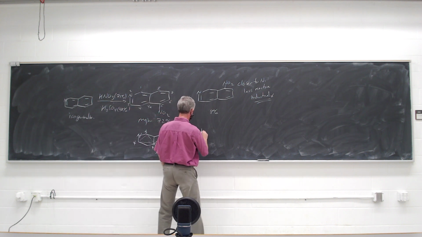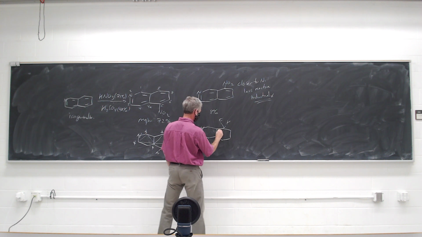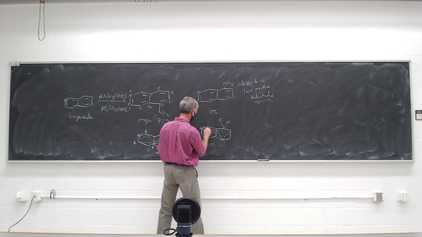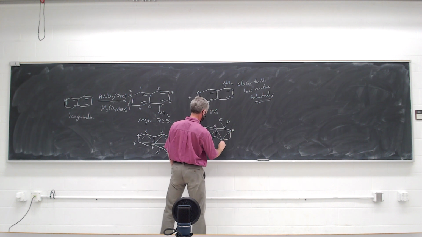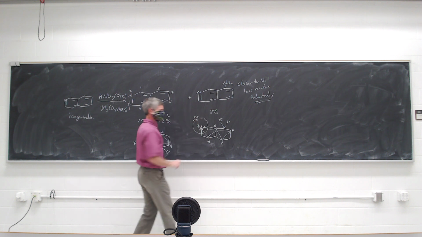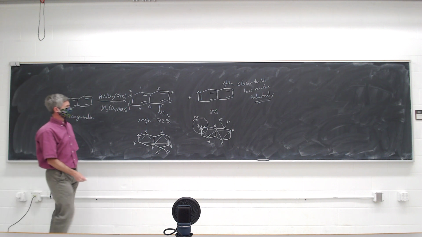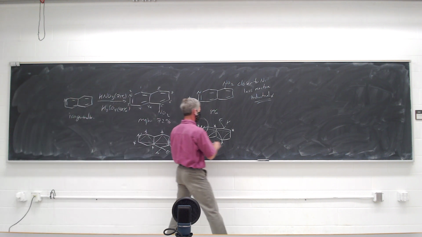Versus if I attack here, where's that positive charge going to be? So I don't actually have to draw the resonance structures to determine that that is less favorable by resonance as well.